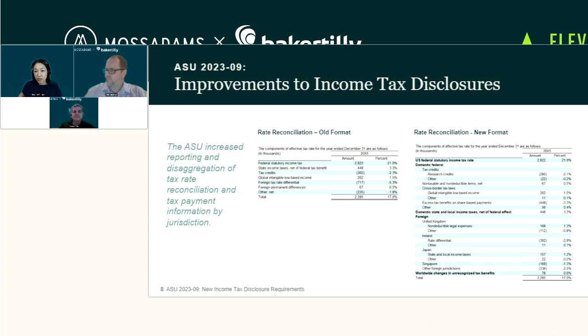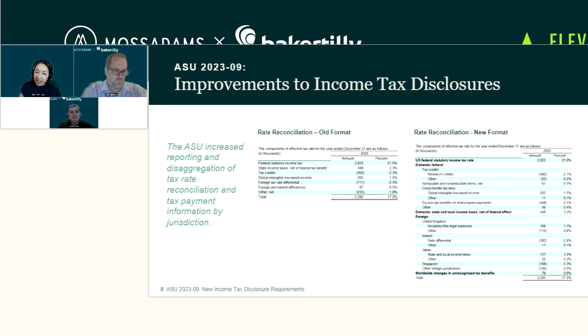We want to give you the visual of the old format rate reconciliation and then under the new standard. So we're looking at exactly the same information here, but as you can see, under the old standard, it is giving you some information about this company's profile. It looks like it's a multinational company. You have the global intangible low taxed income showing up.